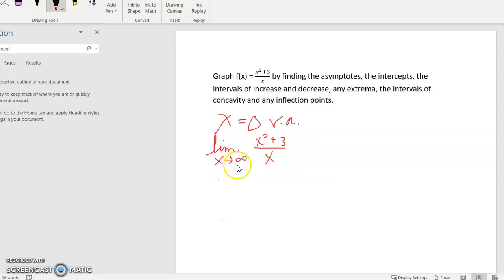Let's recall how to find the limit as x approaches infinity, though, for a fraction. Recall what we do is we look at the denominator, and whatever the highest power is on x, we're going to divide by the x to that power. And we're going to divide every single term. So we're going to take our x squared and divide it by x.